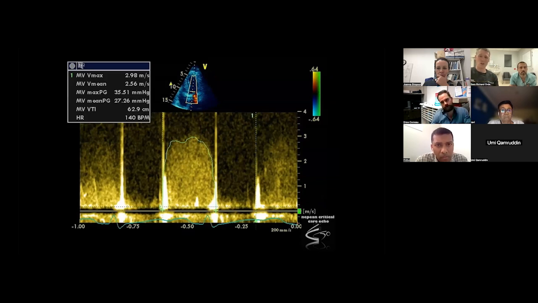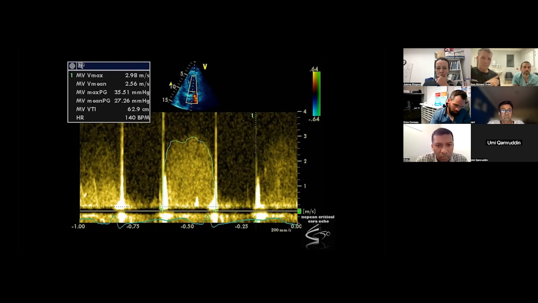So that's clearly super low, like 0.15 or something. It's much less than 0.4. The caveat to that is you can't do it with aortic regurgitation or with significant mitral regurgitation.